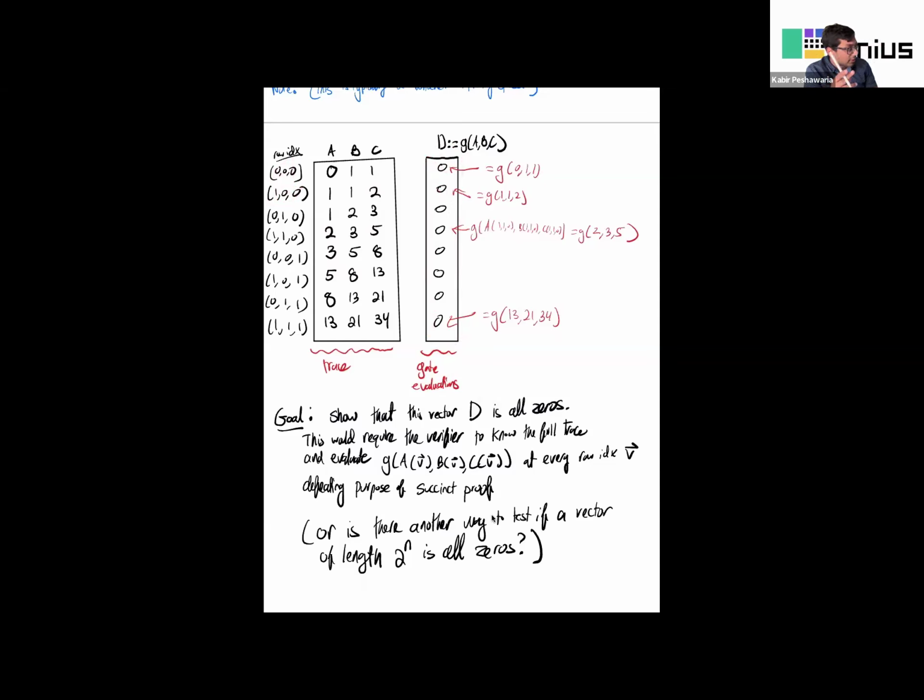And as Ben points out, the reason that this is actually more efficient than just checking every single row to see if the gate constraint is true is because of polynomial commitment schemes and the magic that they afford us. Basically, we can think about each and every one of these columns as a function which maps some Boolean hypercube element in the input to some value in the output from the field.